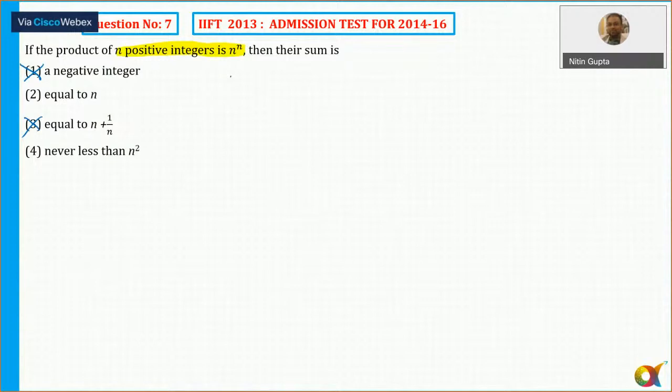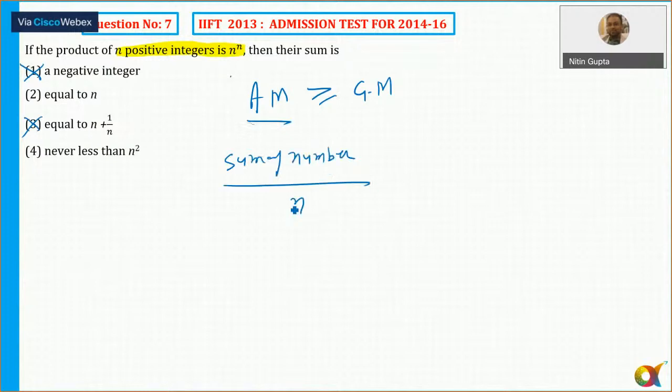Okay, now other way what I could have done here is just here the correct approach. We know that mean is all arithmetic mean of numbers. What is the arithmetic mean? Agar there are n integers, so sum of all the integers divided by n. It has to be greater than or equal to the geometric mean, the nth root of the product of the numbers.